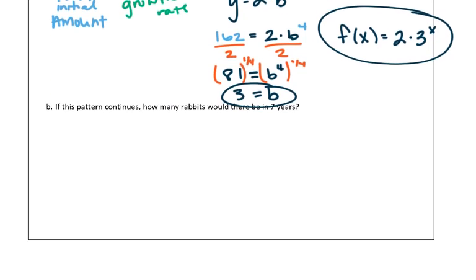Now, in part B, it says, if the pattern continues, how many rabbits would there be in 7 years? So it wants you to figure out, okay, 7 years is your new x. All right, and then you're going to plug that into your function that you wrote.